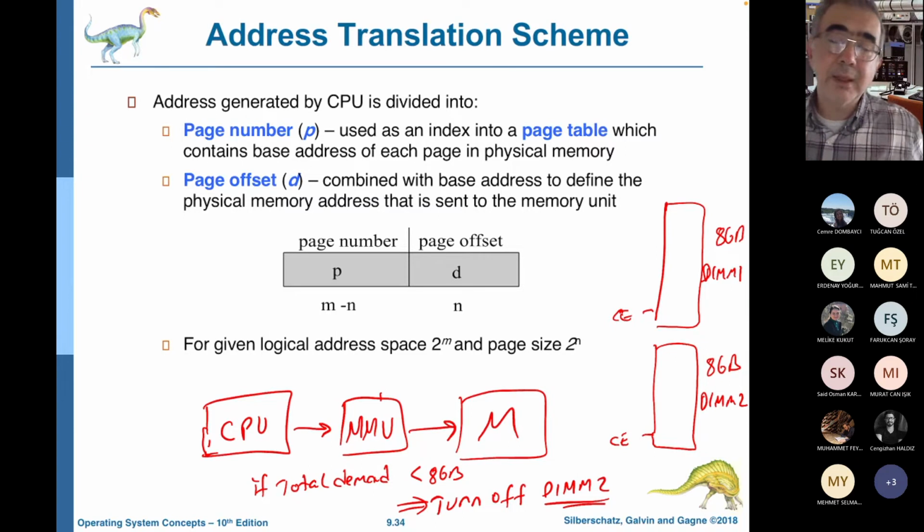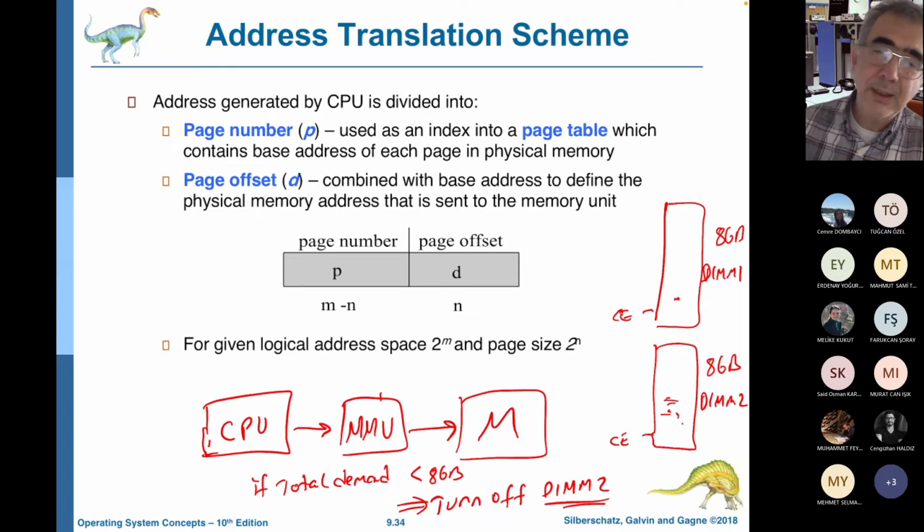Even if the program believes that it is working at a high address somewhere, the memory management unit puts those data in chip 1 and turns off chip 2.